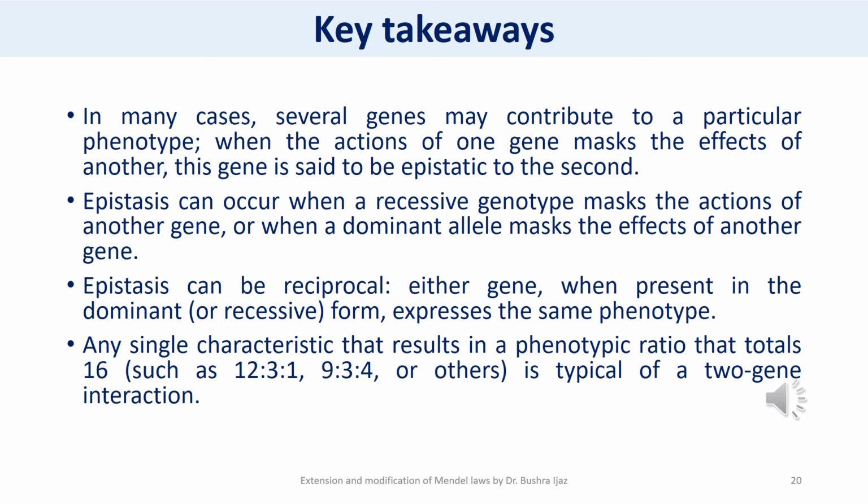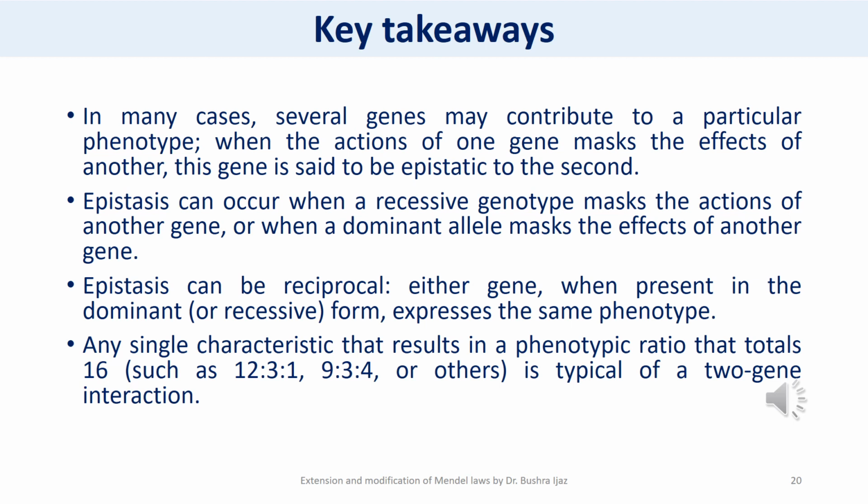The key takeaways from this phenomenon of epistasis that I have discussed in the videos that you have watched: the main points are that in many cases several genes may contribute to a particular phenotype. When the action of one gene masks the effect of another, the phenomenon is known as epistasis, and the gene is said to be epistatic to the second one.